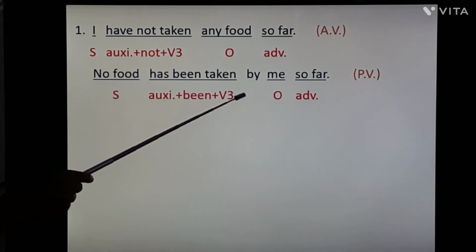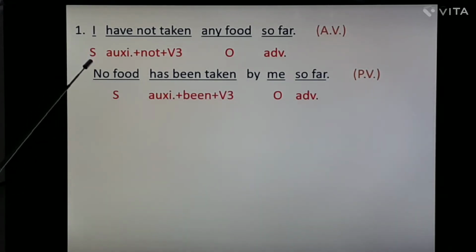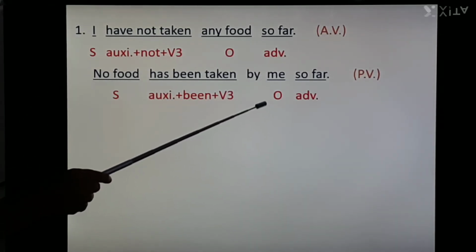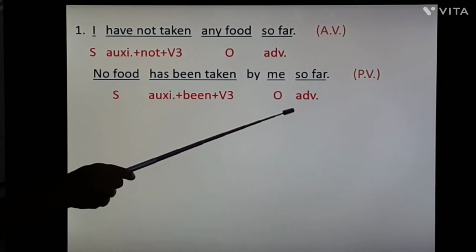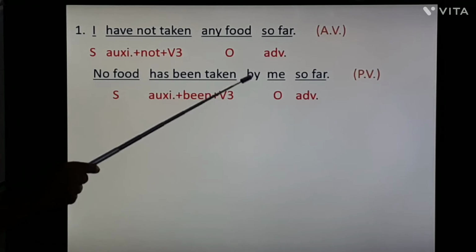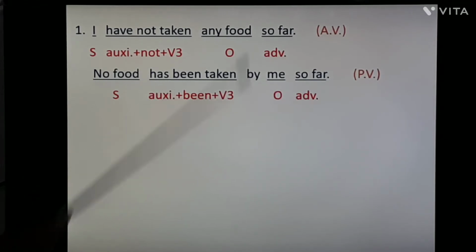After that by, and then I, subject in active voice, becomes object in passive. So I becomes me. So here me, that is an object, and so far, that is an adverb. So this way you can frame this passive voice from active. No food has been taken by me so far.